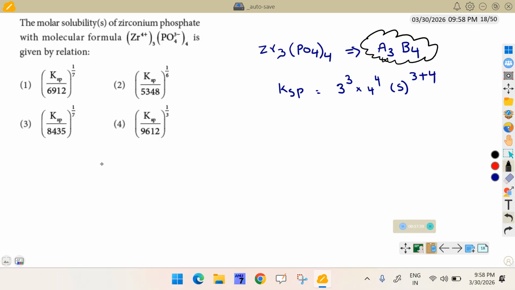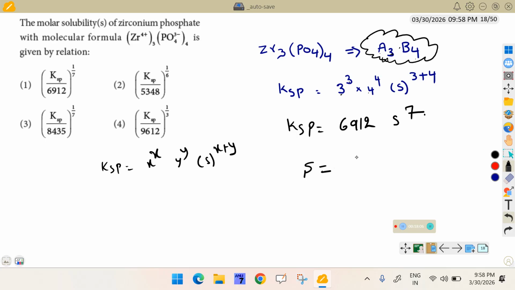Ksp is calculated by x^x, y^y, s^(x+y). 3 moles of A are present, so 3^3. 4 moles of B are present, 4^4, s^(3+4). Now Ksp is equal to 6912 into s^7. Then calculate the value of s. s is equal to (Ksp/6912)^(1/7). The correct option is the first option.